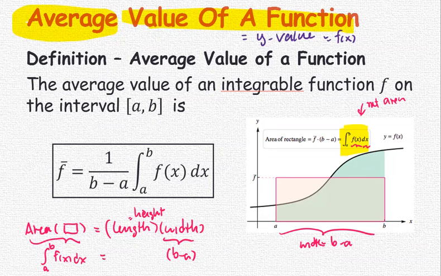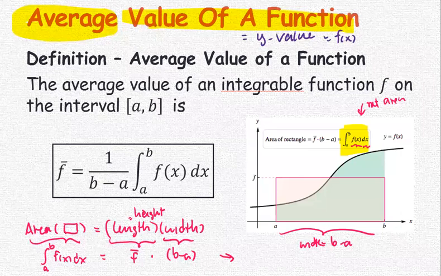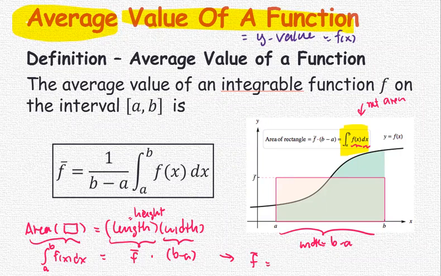You know the area, you know the width, you're going to find the height, and the height here we're going to use as the average of the function value, or the f bar. If you know two quantities, you can solve for the missing one. So the f bar, or the height, can be found by dividing the net area by the width.